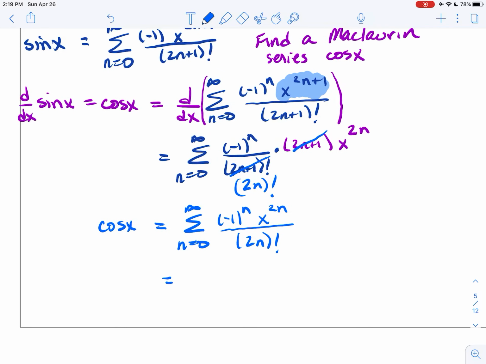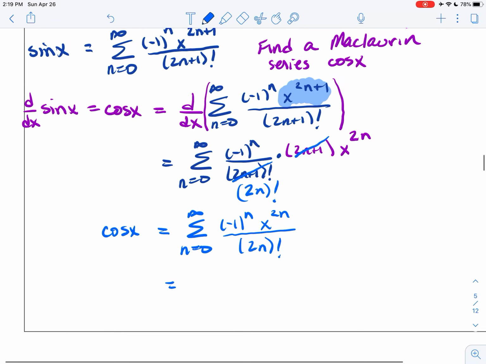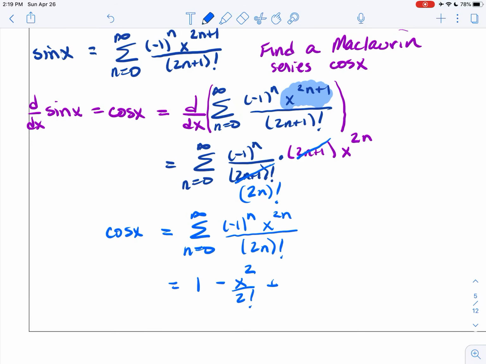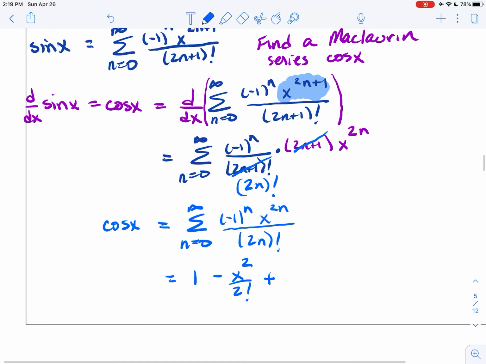So if we wanted to expand this out, for n equal to 0, we'd still have a positive value, and we would have x to the zero power, so we would have 1 here. For n equal to 1, we'd have a negative, and we would have x squared over 2 factorial.